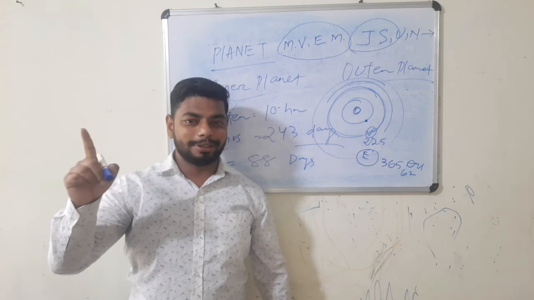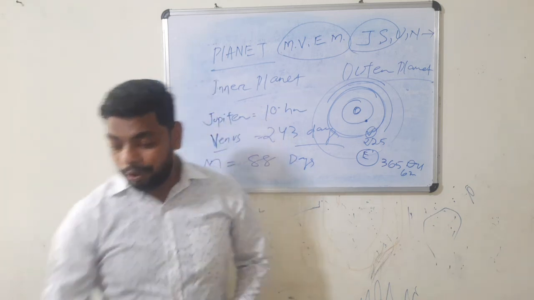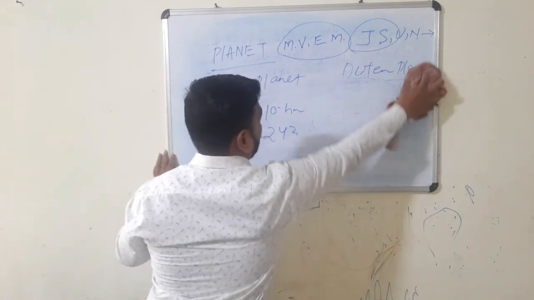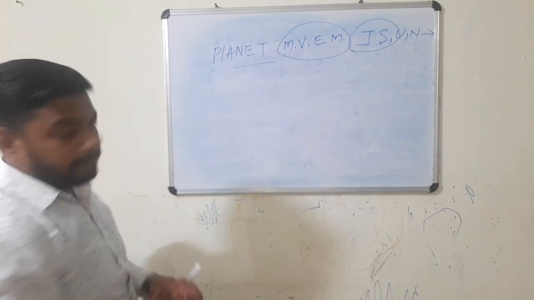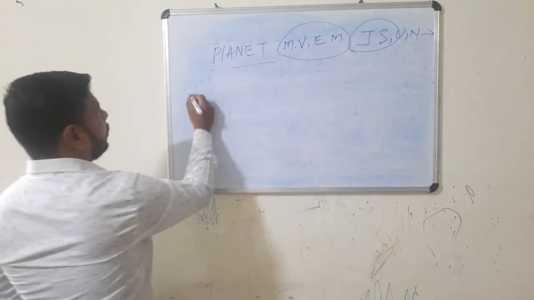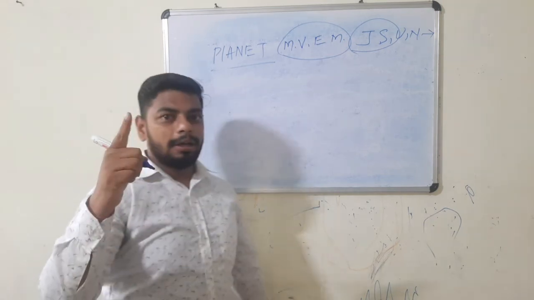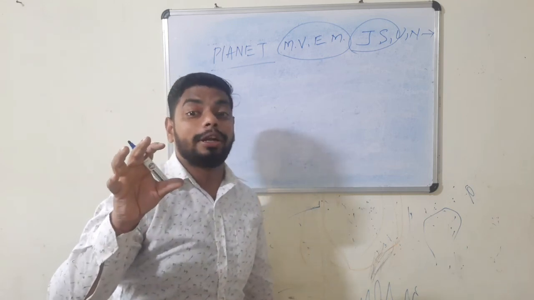Note a few questions. First question: our solar system is located in the Milky Way galaxy, but my question is where it is located.